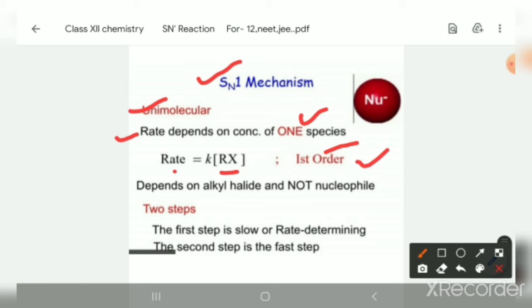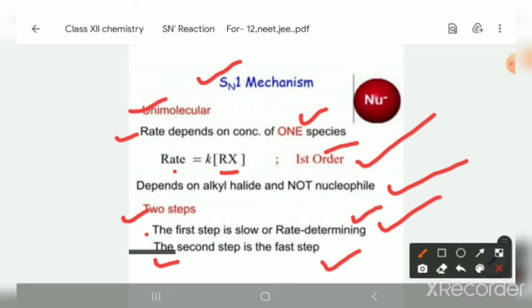So it will be a first order reaction. It depends on alkyl halide and not on nucleophile, and it is completed in two steps. The first step is slow, the rate-determining step, and the second step is very fast. Meaning the first step takes time, and the second doesn't take time.